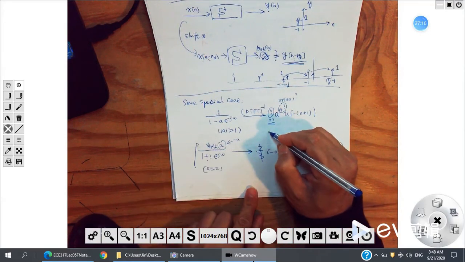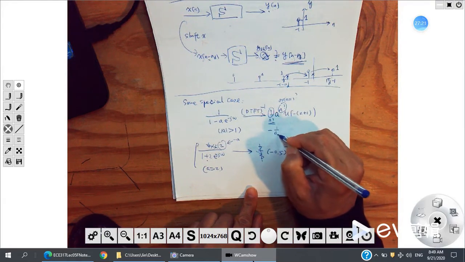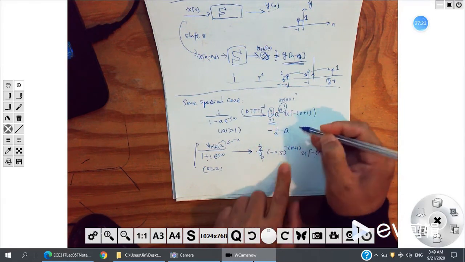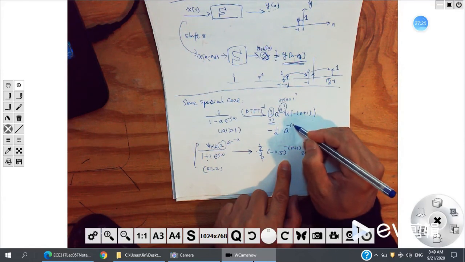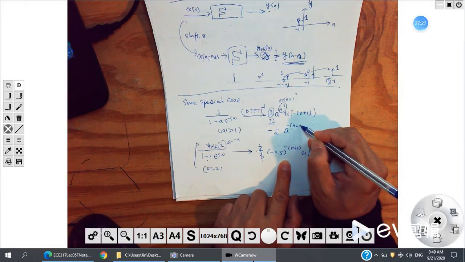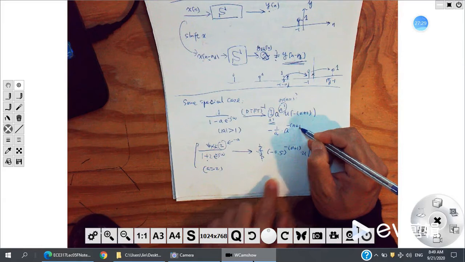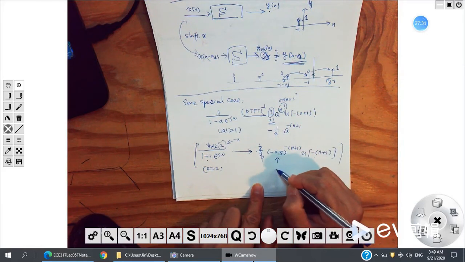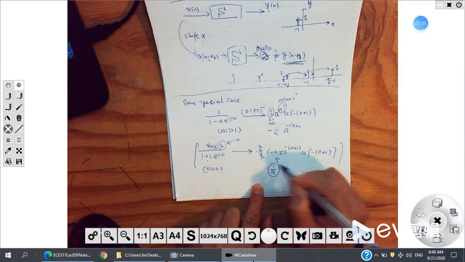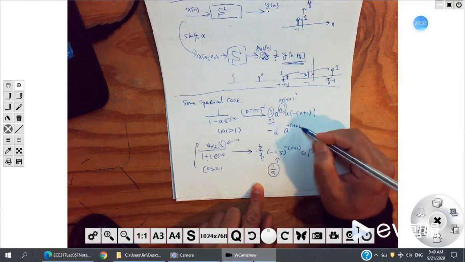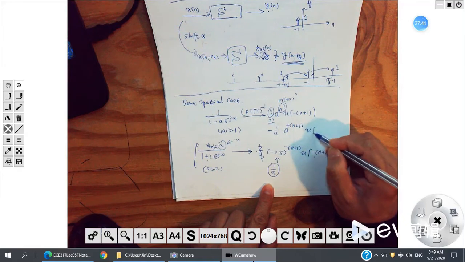It should be, I move to this side, negative 1 over a times a to the negative n plus 1. Oh no, this is a negative. It's 1 over a. This is 1 over a. So here is just positive plus 1. And the u of negative n plus 1.